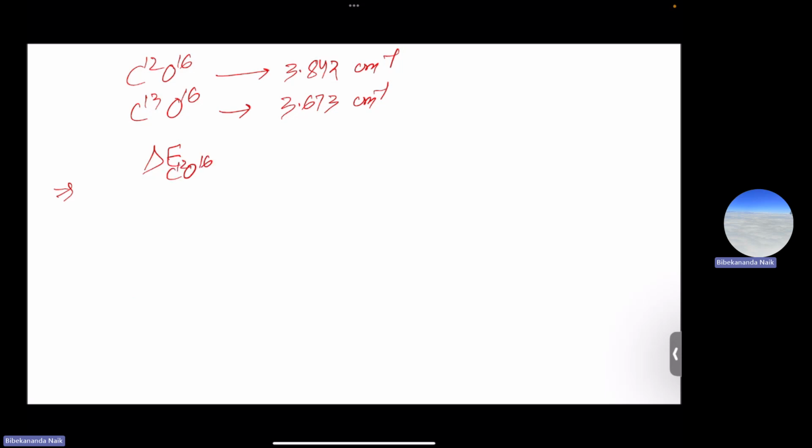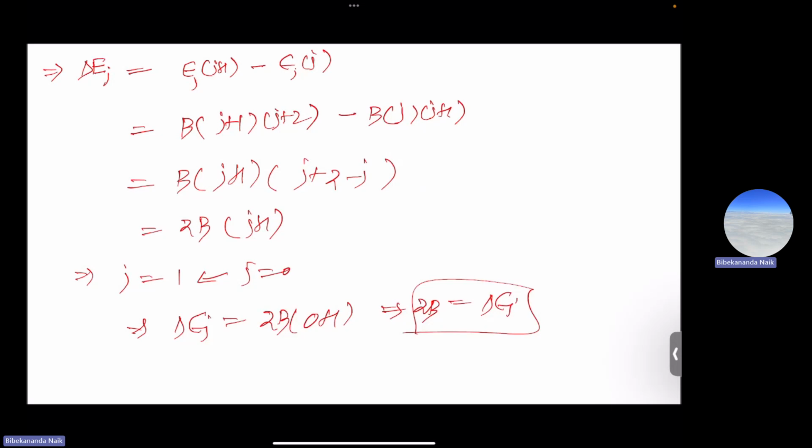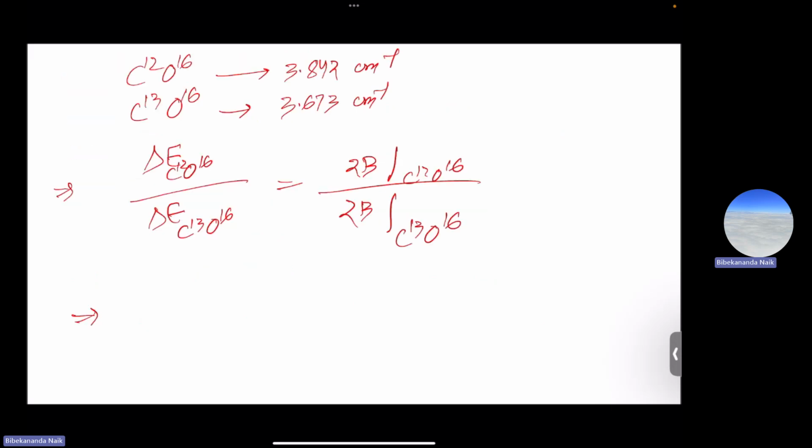So delta E for C12O16 divided by delta E for C13O16 is 2B for C12O16 over 2B for C13O16. However, we know this B is inversely proportional to the moment of inertia.